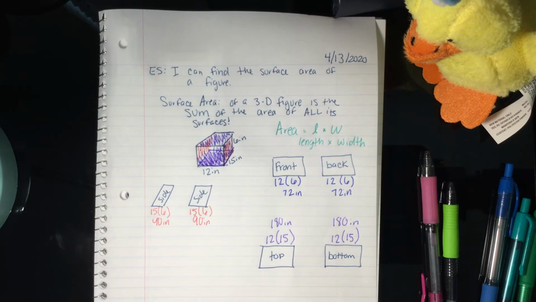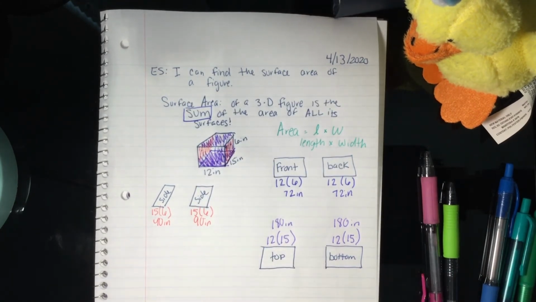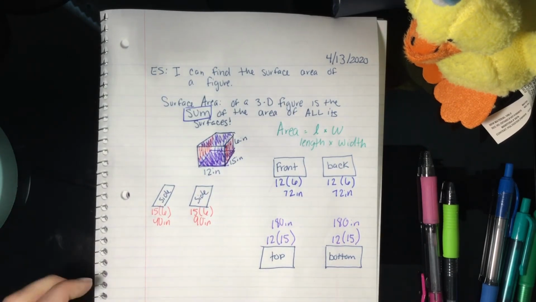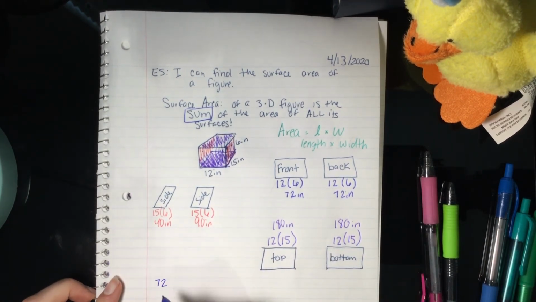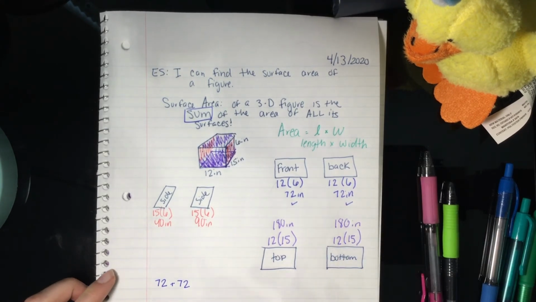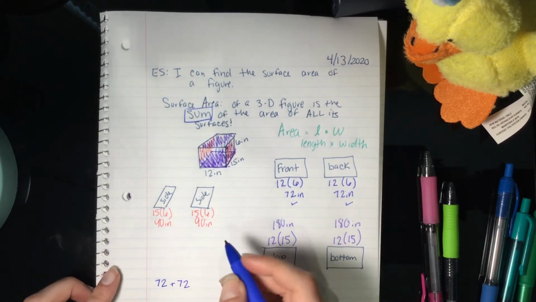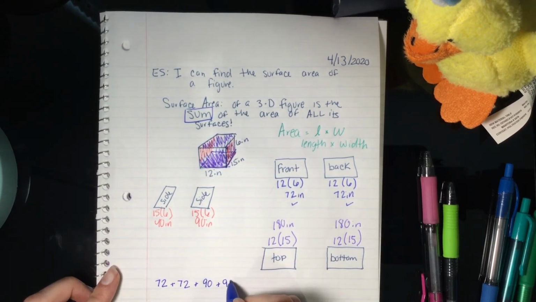Now, what we do with all those different surfaces is add them, because we need to find the sum, and sum means to add. So down at the bottom of our paper, we're going to add them. So 72 plus 72. I'm going to put a check mark just to help myself out and be like, okay, I did put that in my big formula. Plus 90 plus 90.